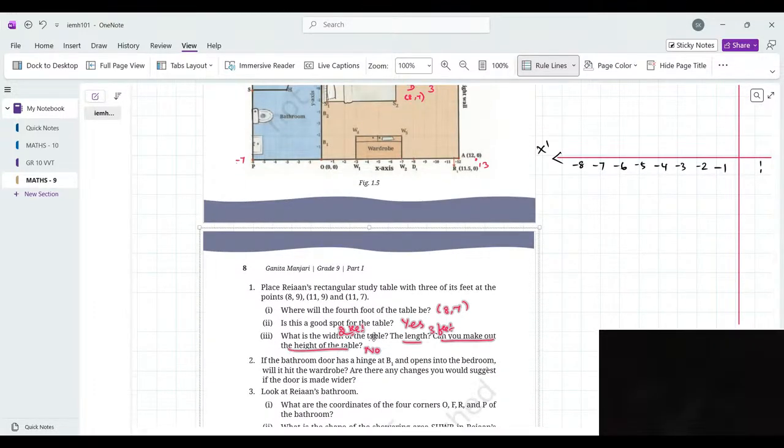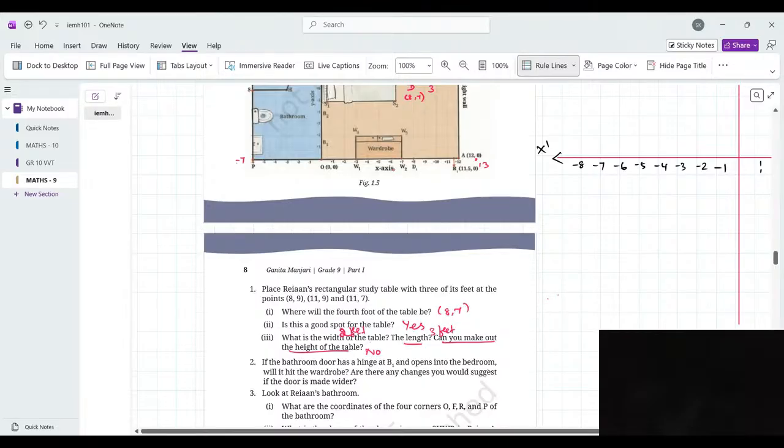If the door has a hinge at B1, so this is point B1.